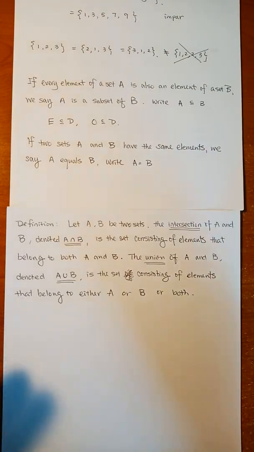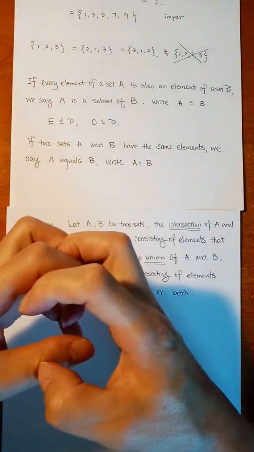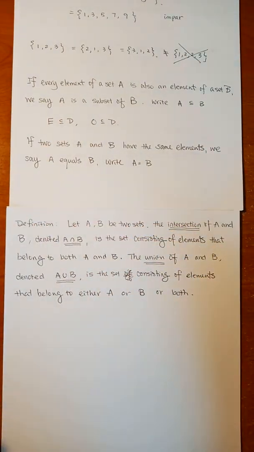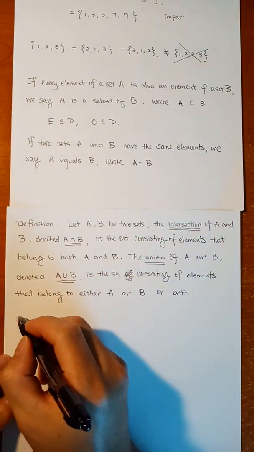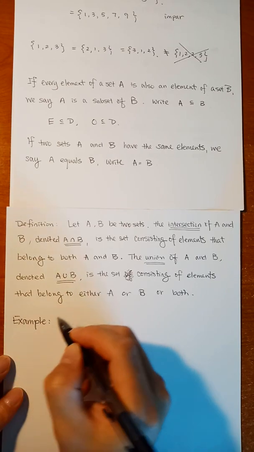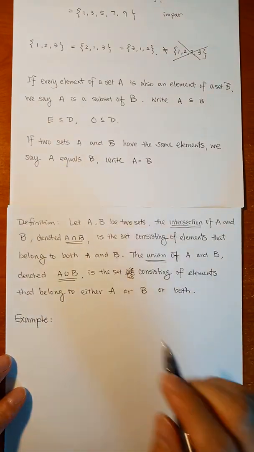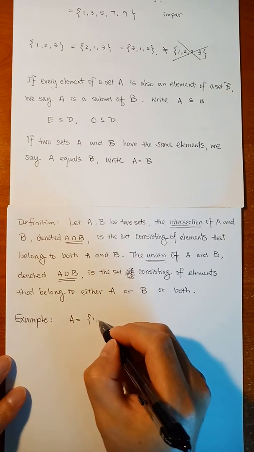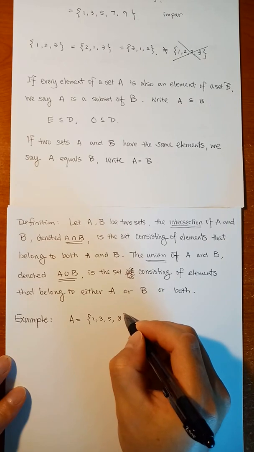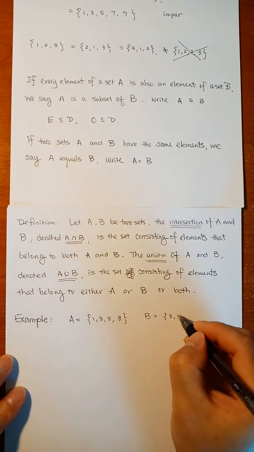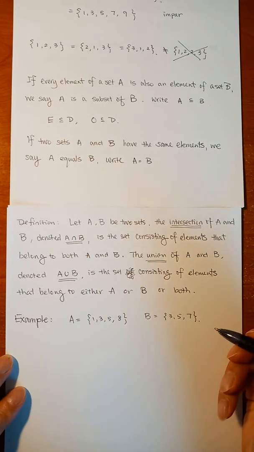Okay, whenever you have two sets, they may overlap, or you can have the join of two sets, right? So let's see the example. We let A be 1, 3, 5, 8. B be 3, 5, 7.